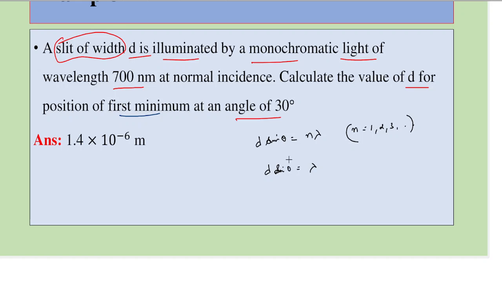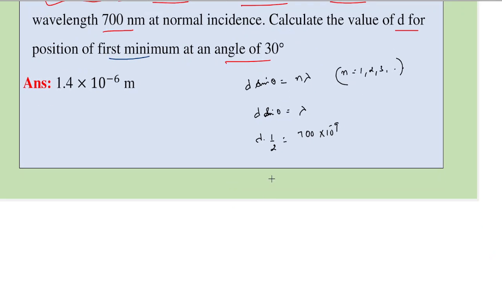as 30 degrees. So d into sine 30, which is half, is equal to lambda, which is 700 into 10 power minus 9, because it is nanometer. We need to find d. So d is equal to 2 into 700 into 10 power minus 9.